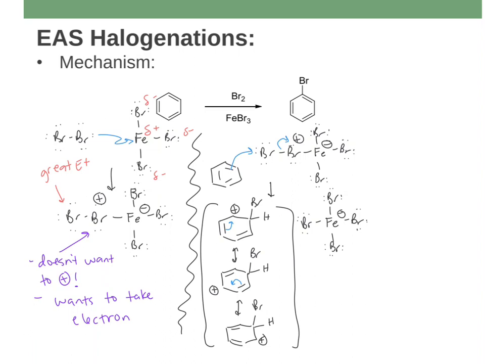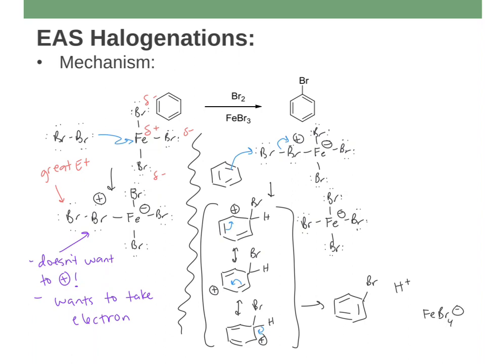And then we said that the last step of these electrophilic aromatic substitutions is that the H gets plucked off or leaves. And now we've reestablished our aromaticity. The bromine is still on there, but now I have an H plus floating around, and then I still have my iron bromide species.